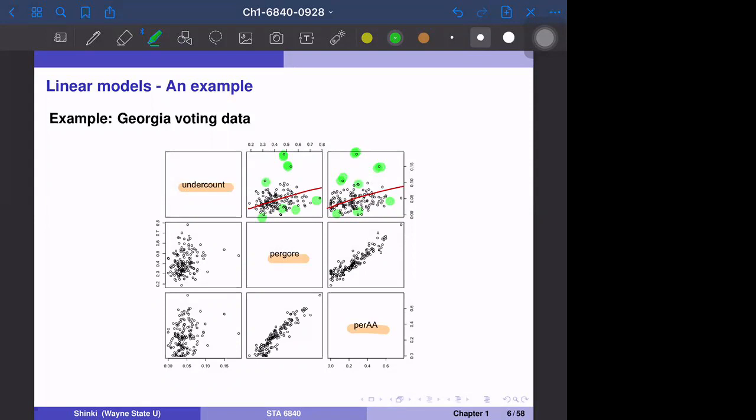For larger counties, most observations are probably close to this regression line, the true trend line. That's why when we fit the data, we get a more reliable estimate for the slope. So the linear trend is clearer if we remove observations of counties with a smaller number of ballots.